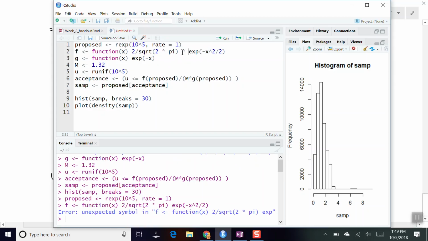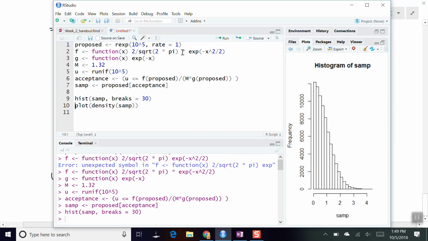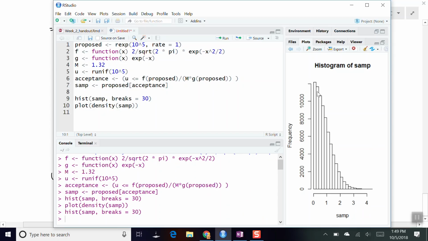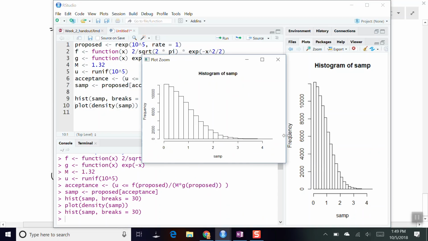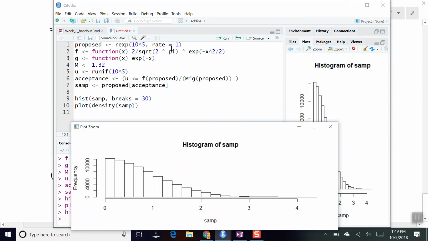Oh, square root of 2 pi times. Okay, that's correct. All right, so if I plot this, sure enough, this looks like half of the normal distribution. I was just missing a multiplication sign here.